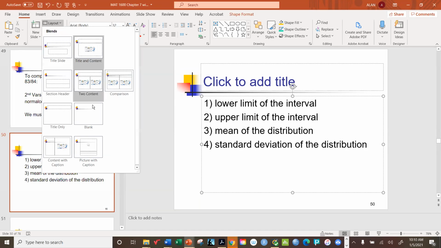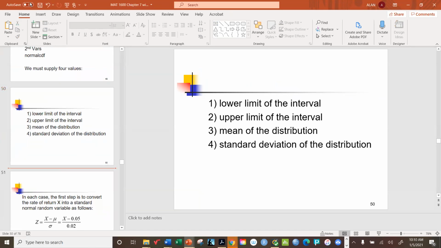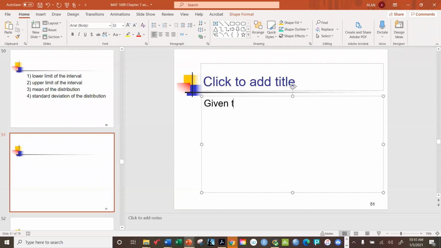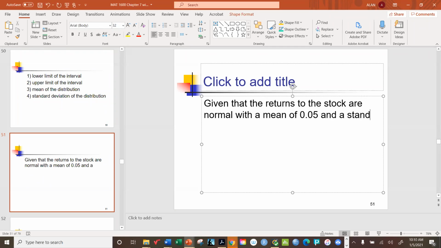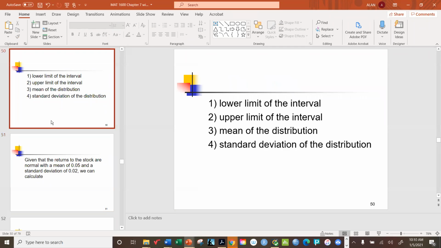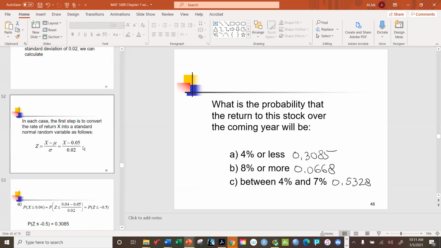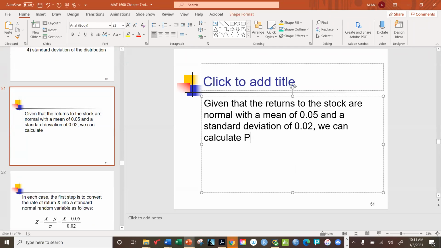Okay, so for that example we were just looking at, given that the returns to the stock are normal with a mean of 0.05 and a standard deviation of 0.02, we can calculate this first probability, 4% or less, which means, actually it's X, sorry, we're using X now.